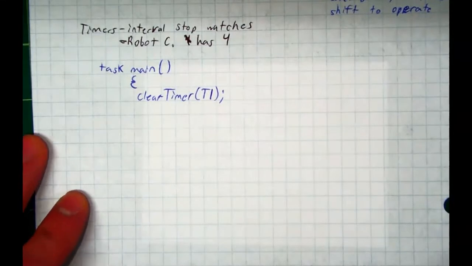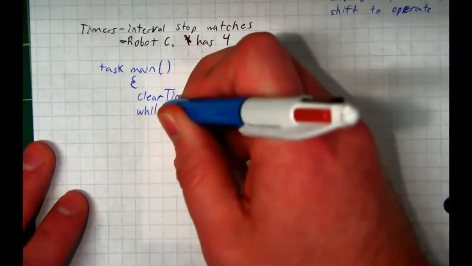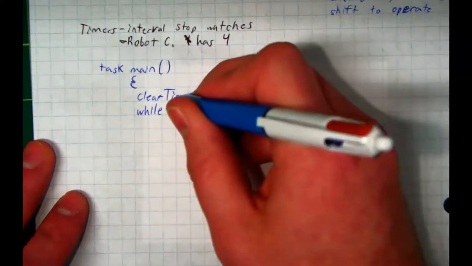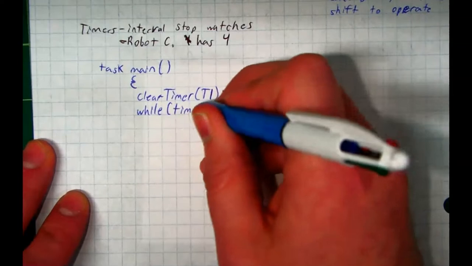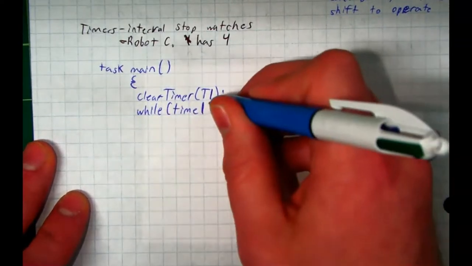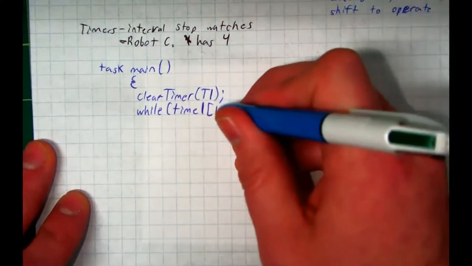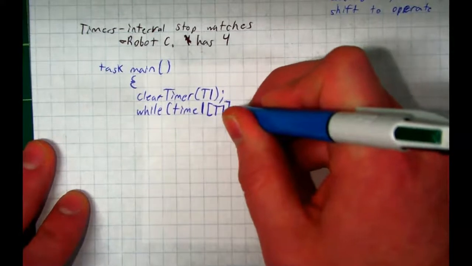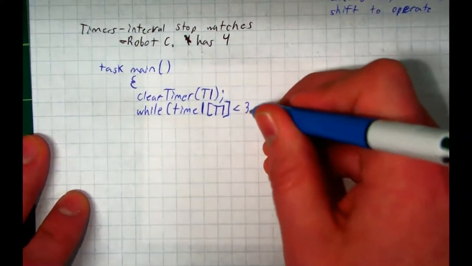That way, as soon as the code starts, we know the timer will be at 0. Now, let's put a while statement down. While, parentheses, time1[T1] is less than 30,000.